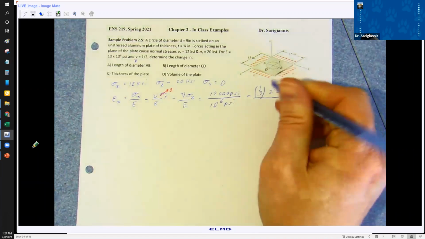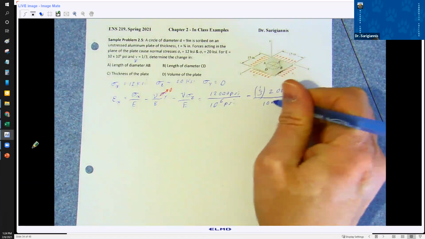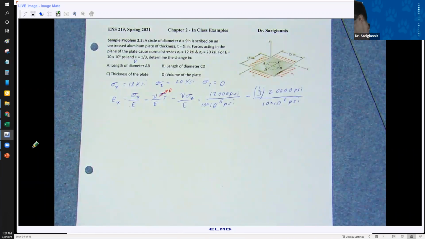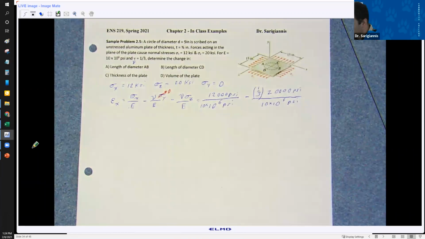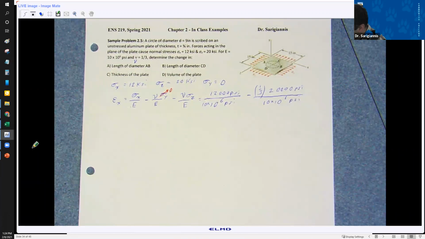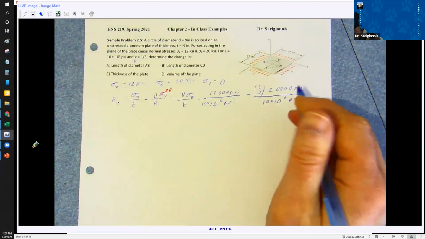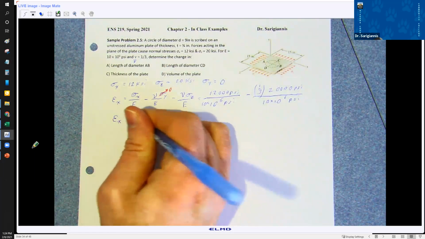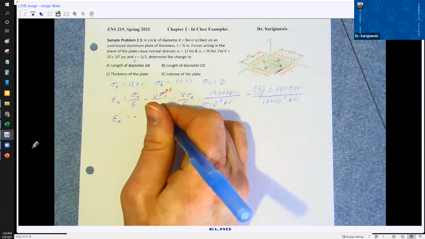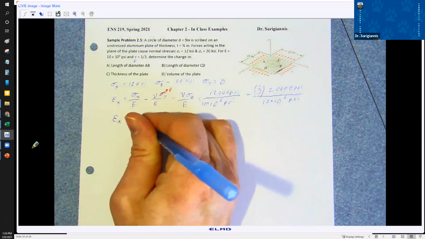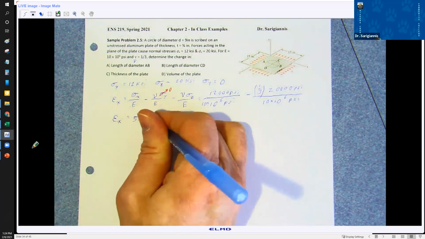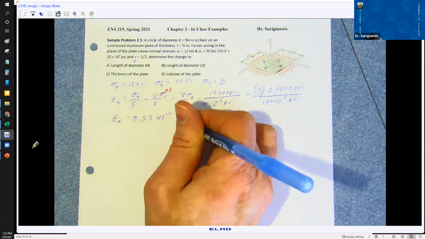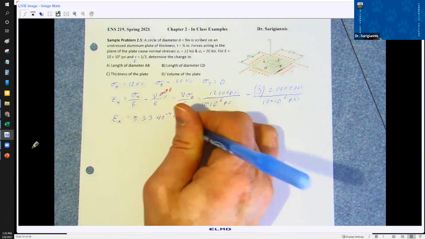Oh, you know what? This is 10 times 10 to the 6th. It's not 1 times 10 to the 6th. So this winds up with the strain in the X direction being a negative. Oh no, sorry, it's a positive. 5.33 times 10 to the minus 4th inch per inch.